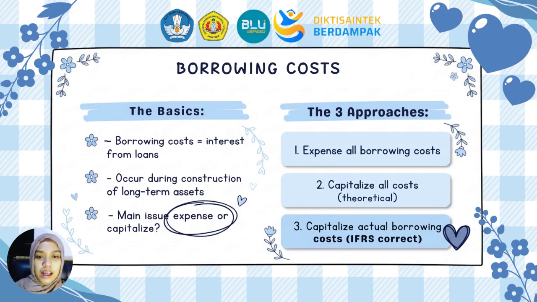And this is the correct IFRS approach. This is the middle ground. We only capitalize real interest from real debt. We do not try to calculate interest on equity. This approach is objective, practical, and follows historical costs. So the most appropriate approach is the third one.